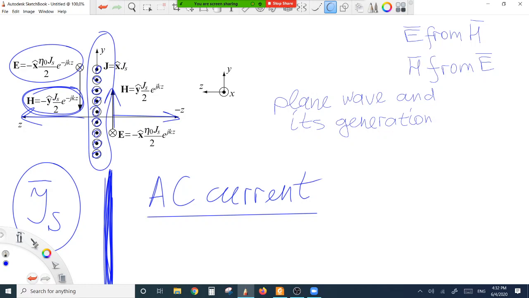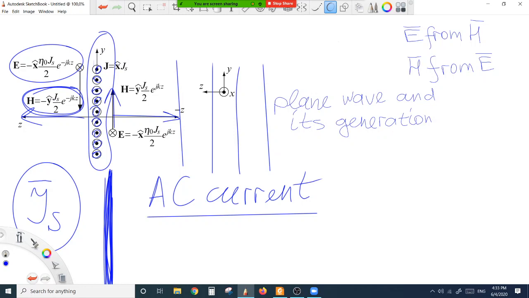Here we are taking the infinite sheet, so on any plane which is parallel to our sheet the magnetic field intensity will be constant, and since in this case our sheet is perpendicular to the direction of propagation, we may conclude that we are generating a true plane wave.